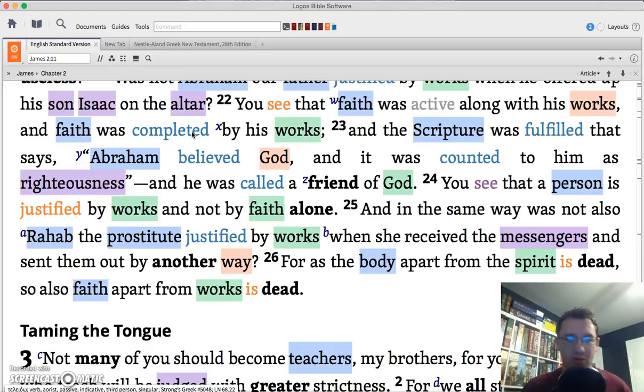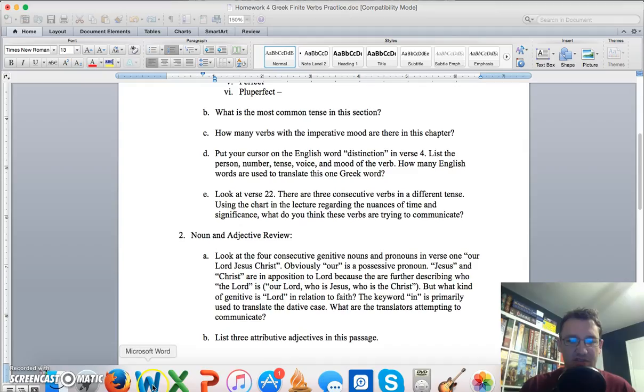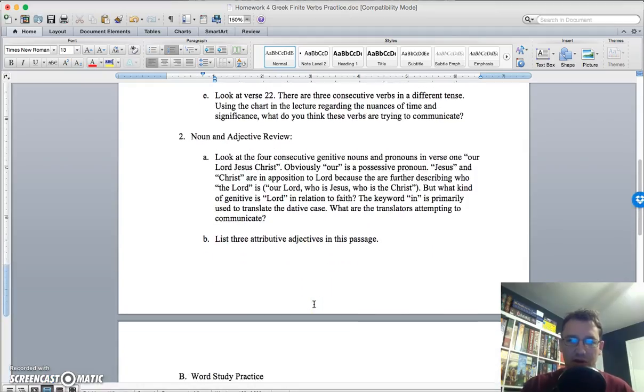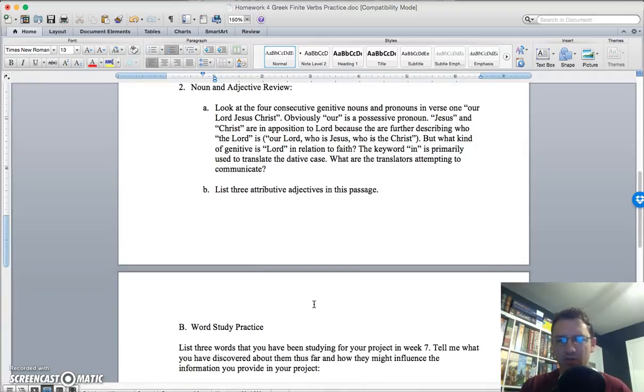Okay, so let's then jump into our noun and adjective review. Now, all of you seem to grab onto the attributive adjectives. I just wanted to throw that in there to make sure you're still thinking about that, because those things still exist in the language. But really, I wanted you to grapple with this genitive here, Jesus.